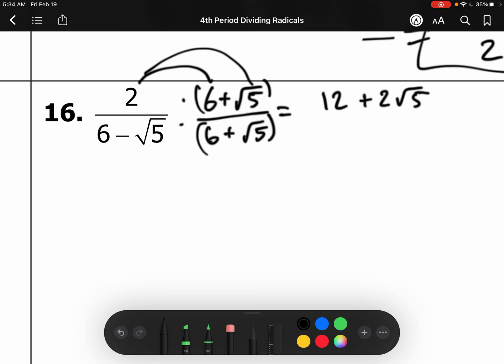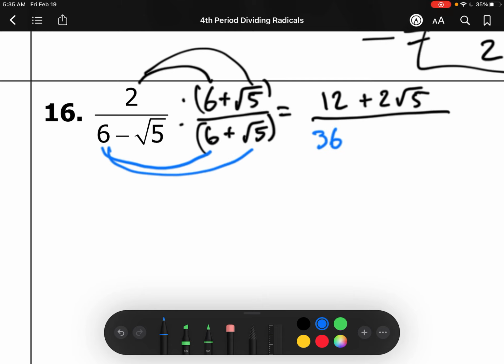Next, we're going to distribute our denominator, right? So I'm going to try to go slowly here. And I'm going to use a different colored pen, right, so that we can see what we're doing. So first we have 6 times 6, which is 36.